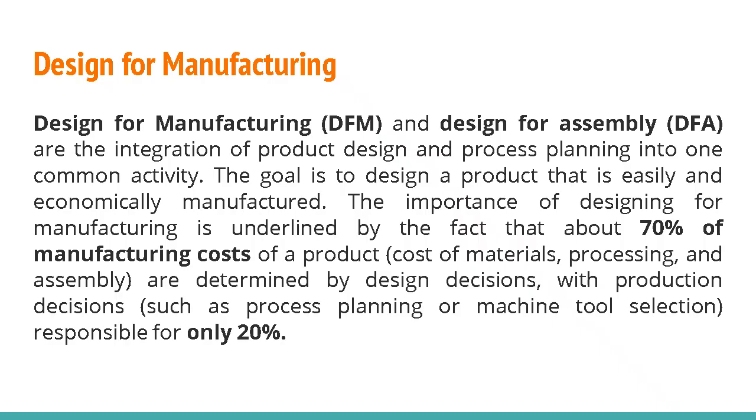We integrate product design and process planning into common activities. The goal is to design the product so that it is economical to manufacture. Design for manufacturing is underlined by the fact that design decisions account for about 70% of the manufacturing cost of the product: material, processing and assembly costs are determined by design decisions, while production decisions, such as process planning and machine tool selection, are responsible for only 20%.